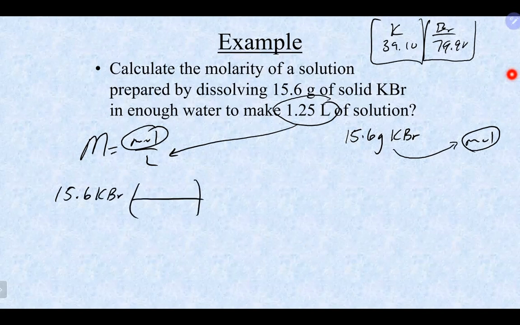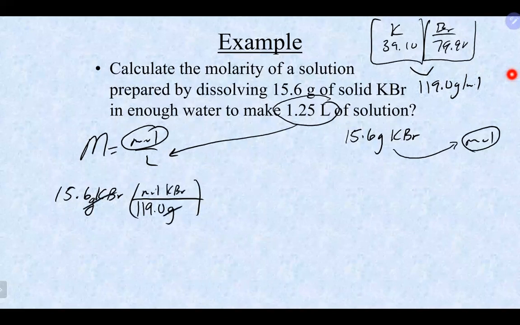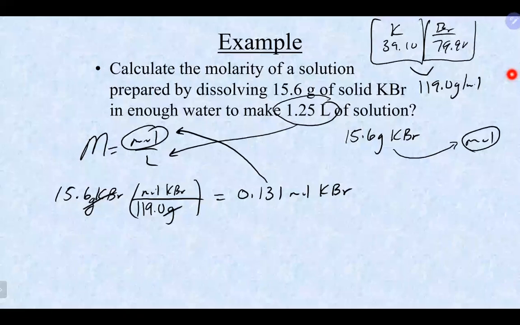So we're just going to add those together. 39.10 plus 79.90 gives us 119 grams per mole when we add those together. So that's 119 grams per mole of KBr. The grams will cancel each other out. We will have 15.6 divided by 119 gives us 0.131 moles of KBr, which is basically the top part of what we need.